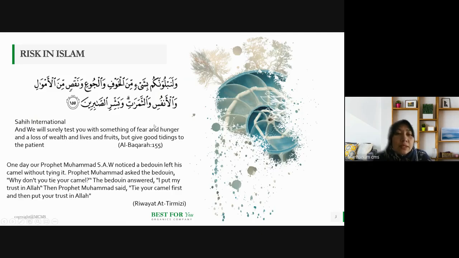So Allah actually recognizes the concept of risk. These are examples of risk: fear, hunger and loss of wealth.